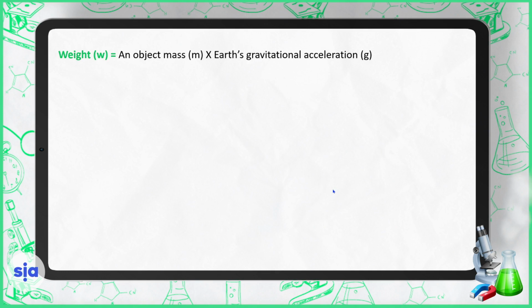We can calculate weight by multiplying the object's mass with Earth's gravitational acceleration. The Earth's gravitational acceleration, with the symbol g, is approximately equal to 9.8 meters per second square.